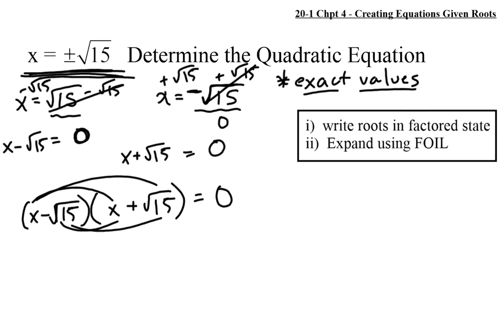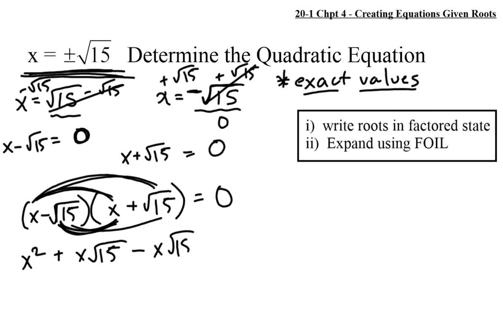FOILing's a little different with the roots, but still manageable. x times x is x squared. We get x times root 15, which is just x root 15. And then we get negative root 15 times x, which is negative x times root 15. And now from last year when you did radicals, a radical times itself just leaves you with the radicand.